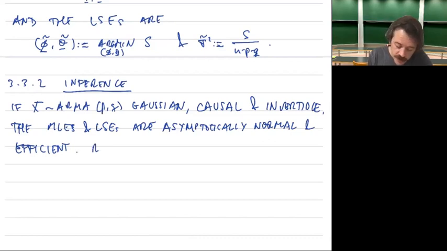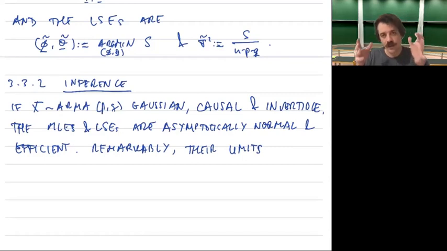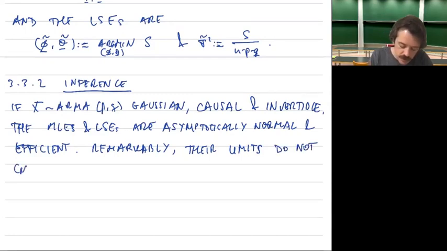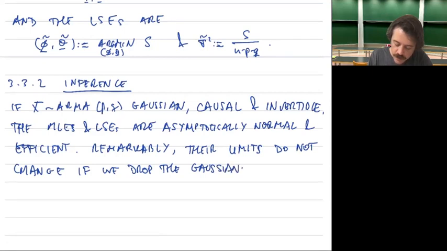Okay, and then what is quite remarkable actually is that the limits, so this Cramer-Rao lower bound, the value of it, the limits do not change if we drop the Gaussianity assumption. What do I mean by this?